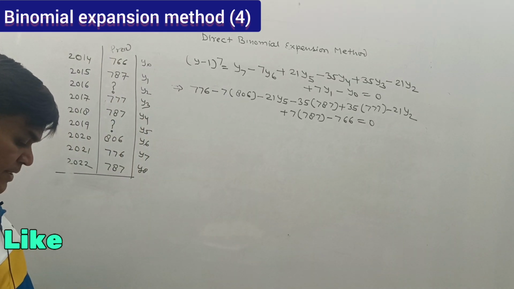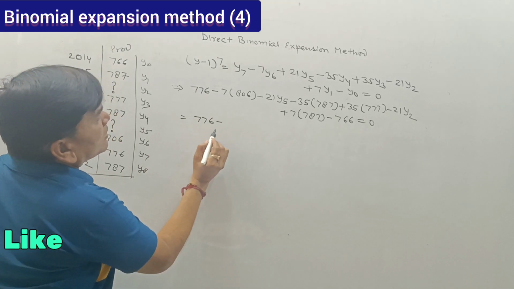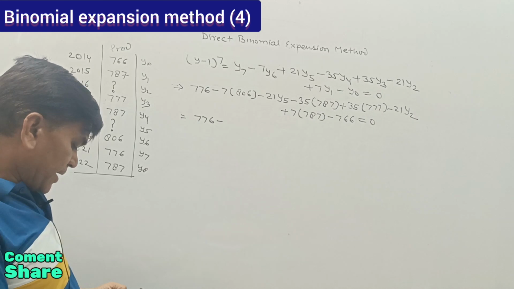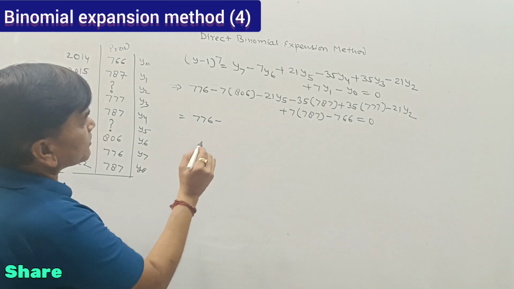The first, 776, is a positive value. 7 multiplied by 806 is a negative value, that is 5642.